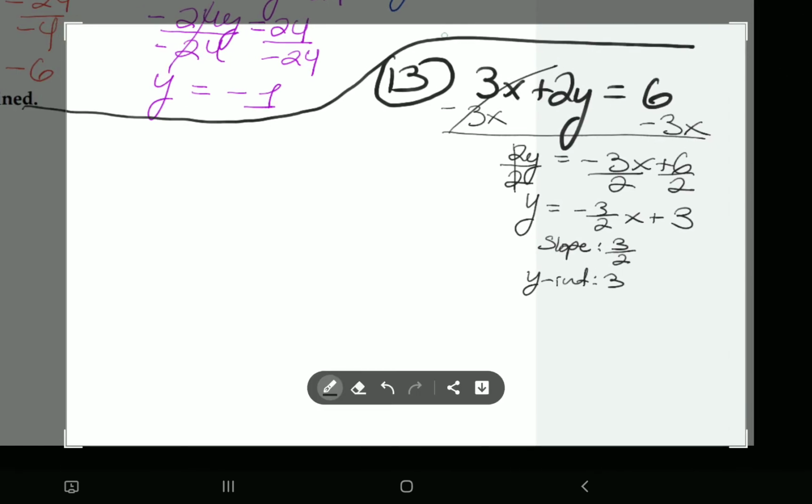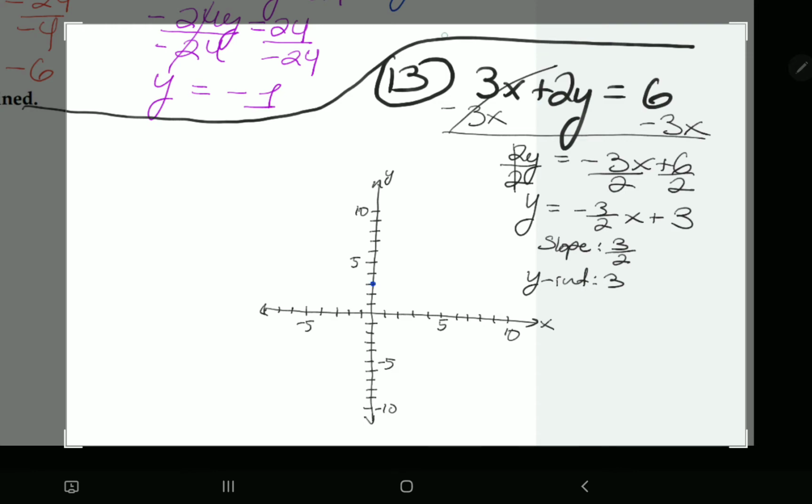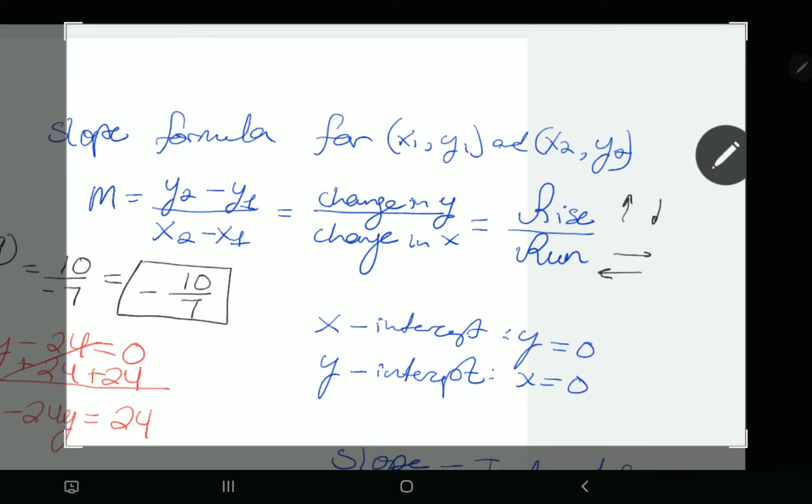Now we're going to graph this line. The y-intercept is 3. So on the y-axis, at the value of 3, I'm going to put my first coordinate right here. Now I want to work my slope. I'm going to scroll back up here. The slope is rise over run. The numerator controls if you go up or down. The denominator controls if you go left or right.